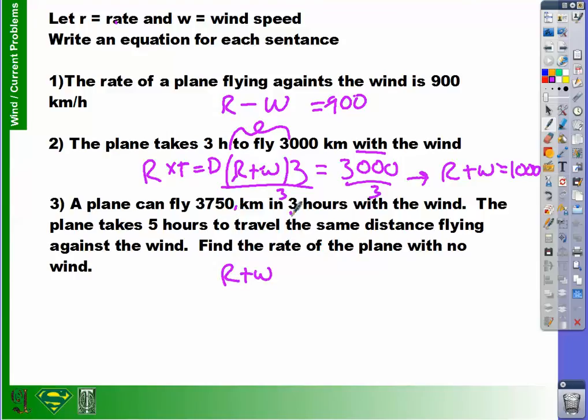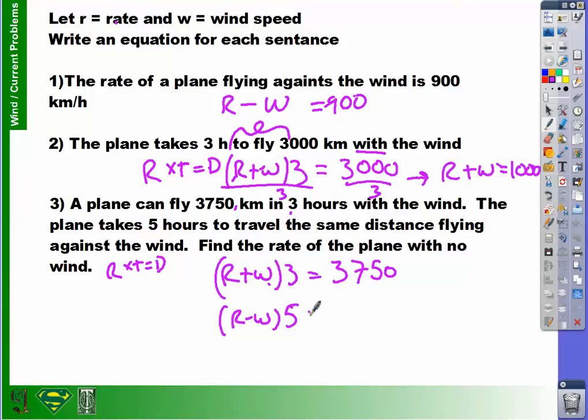And we know that it's going 3 hours, because we remember that rate times time equals distance, that's why I'm multiplying it. And the plane is going 3,750 kilometers. Well, when we're going against the wind, we learned up here that the rate is going to be r minus w times our 5 hours is equal to the same distance.